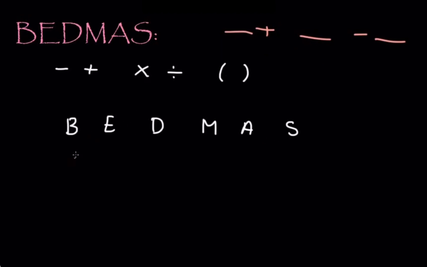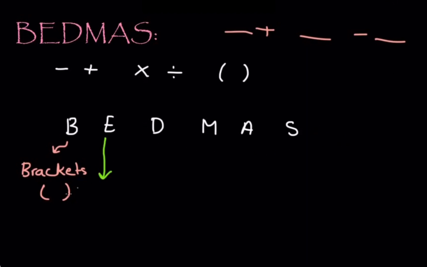B stands for brackets. That means whenever we have brackets, we do that first. Brackets always come first. Always, always, always. We do whatever is in the brackets before anything else.